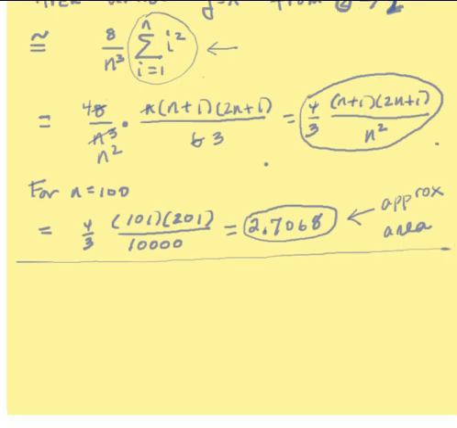All right, so let's look at the limit as n goes to infinity of the sum of i equals 1 to n of these areas.